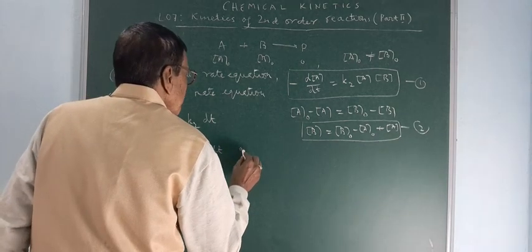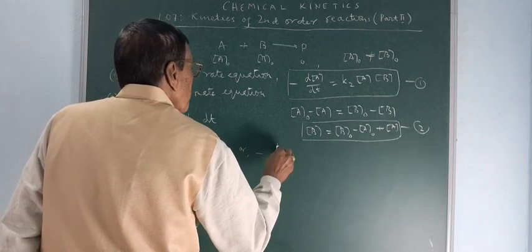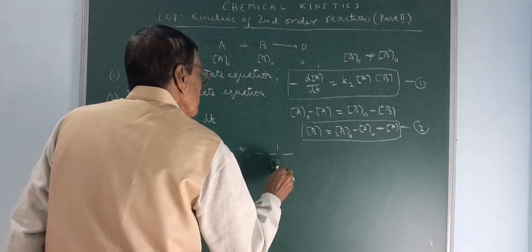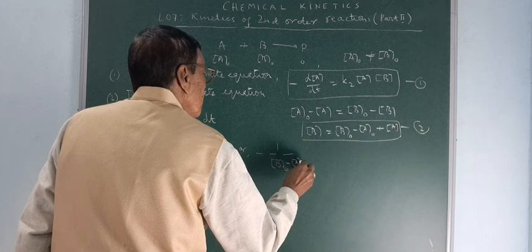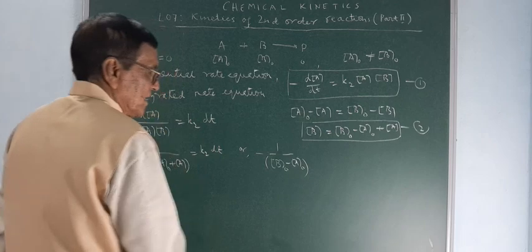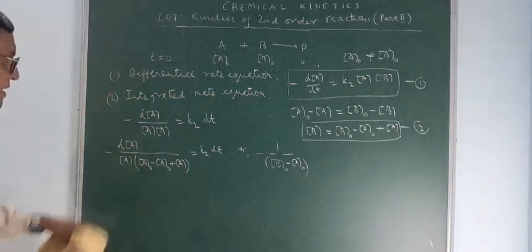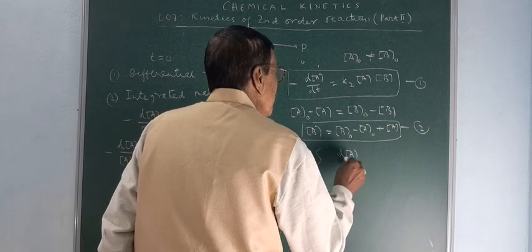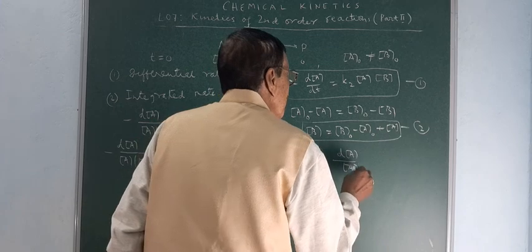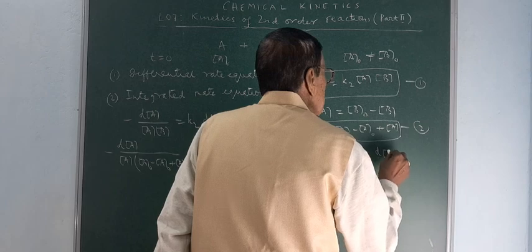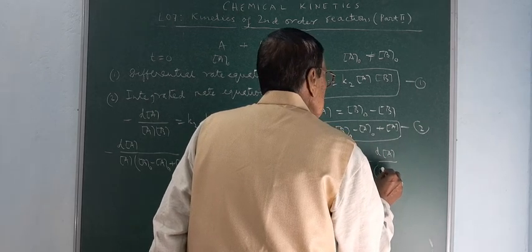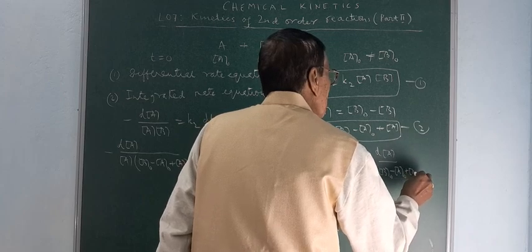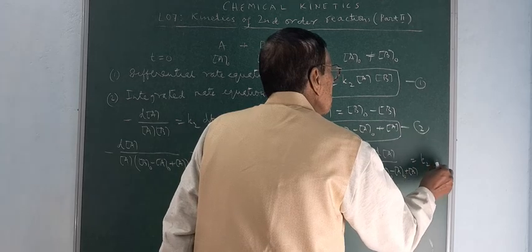We can write minus 1 by B naught minus A naught, and it will give you dA divided by A, minus dA divided by B naught minus A naught plus A, equal to K2 dt.